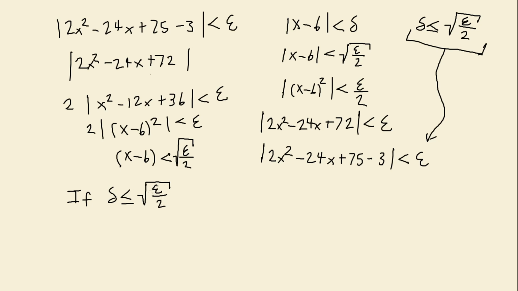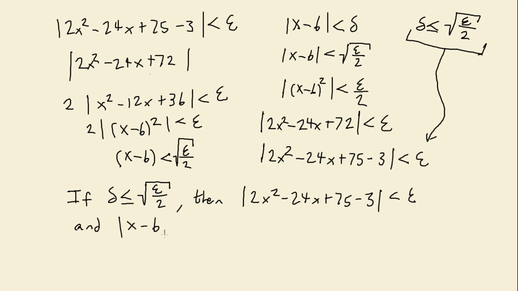You will always be able to take a square root. If delta is less than or equal to the square root of epsilon over 2, then these inequalities will be satisfied. The absolute value of 2x squared minus 24x plus 75 minus 3 will be less than epsilon, and the absolute value of x minus 6 will be less than delta. And therefore, the limit at that point exists.